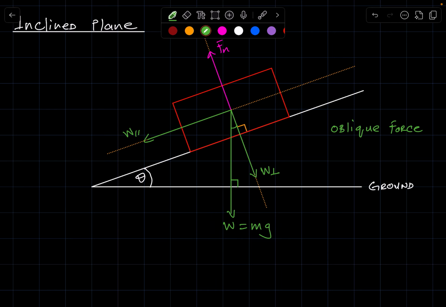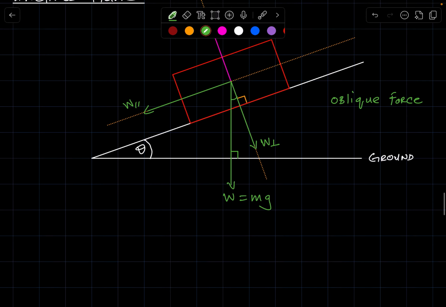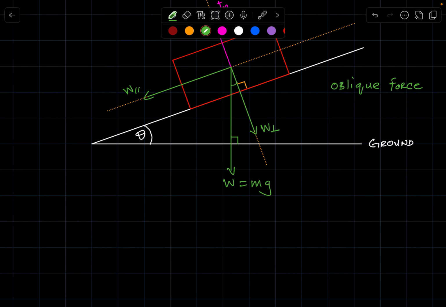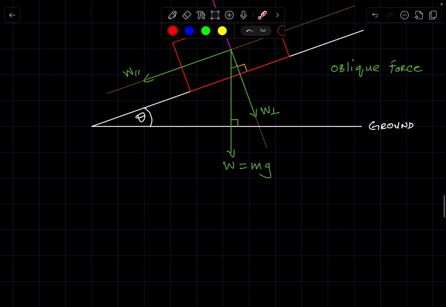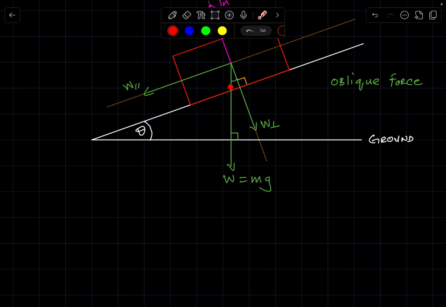Now, in terms of the angle we use, we need to define what this angle is, the angle at this point. In order to do that, we are going to draw this right angle triangle. We are going to zoom into this right angle triangle.